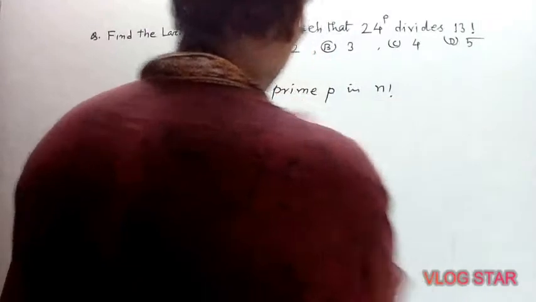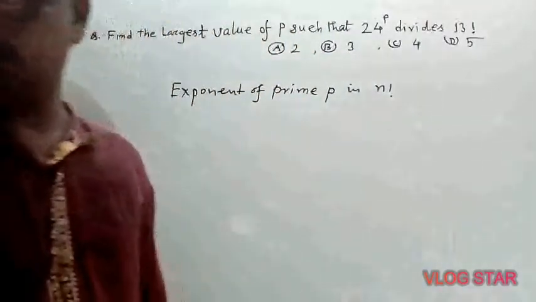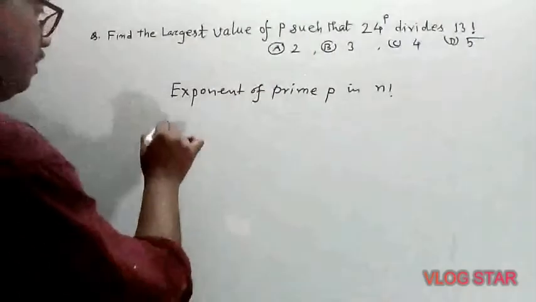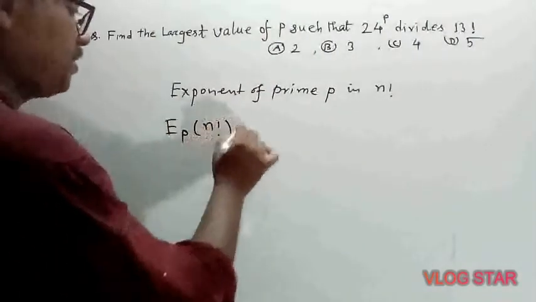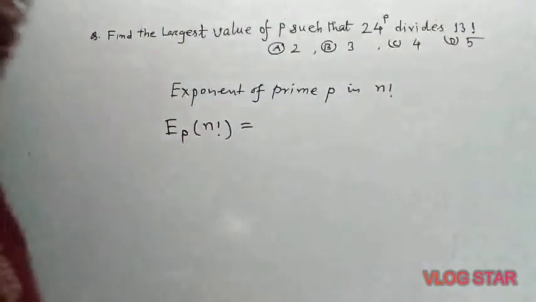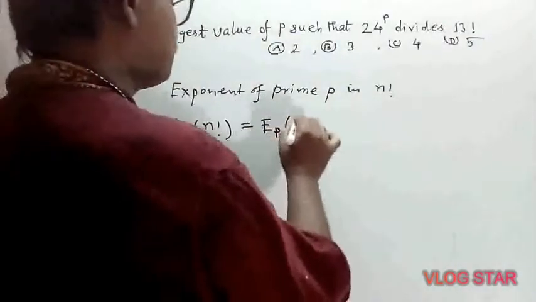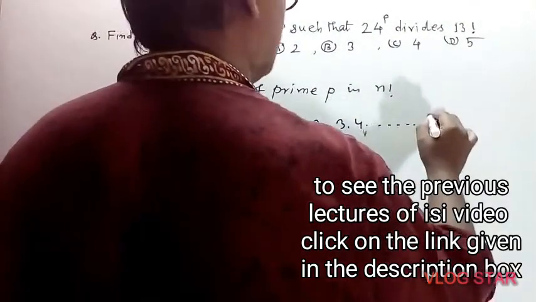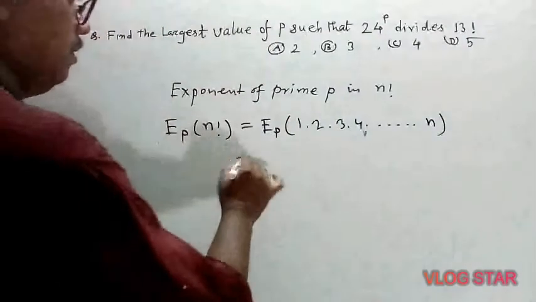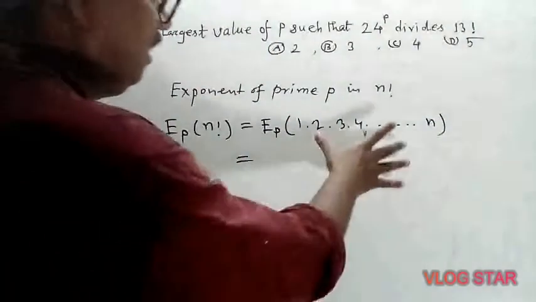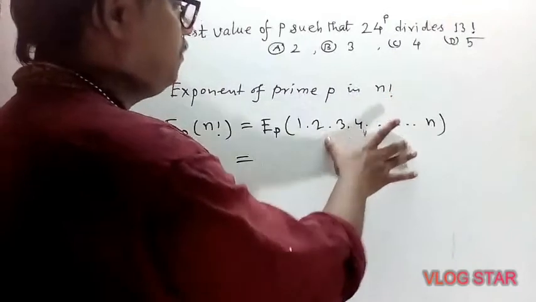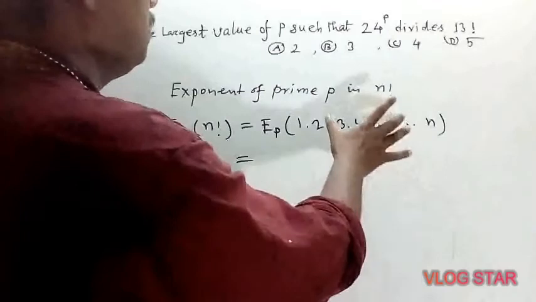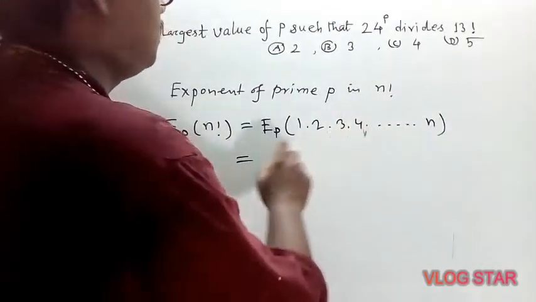Now the general formula for the exponent of p in n factorial. Exponent of p in n factorial, where n factorial means 1, 2, 3, 4 up to n. Here there are n consecutive positive integers. Among these integers, not all are divisible by p, some are.